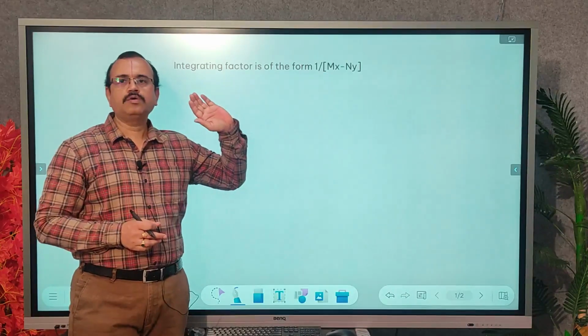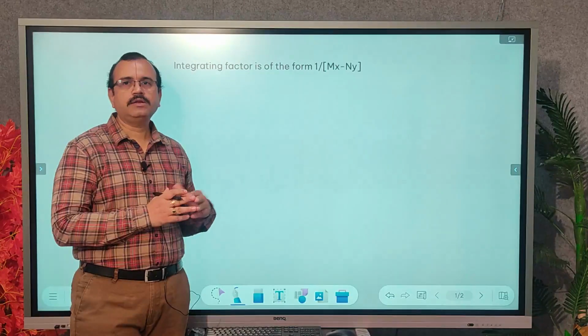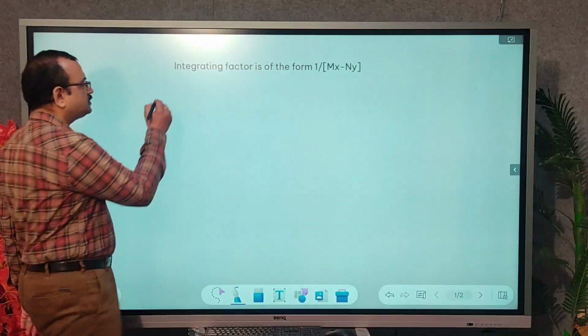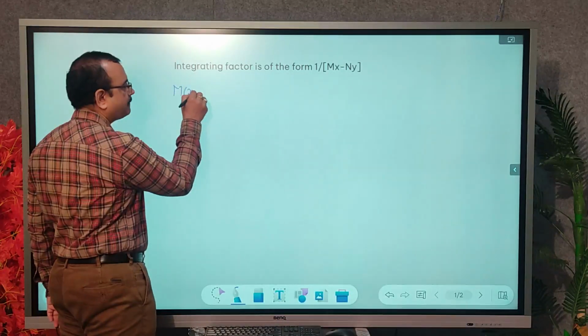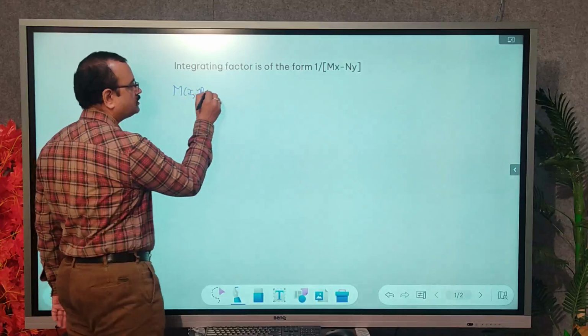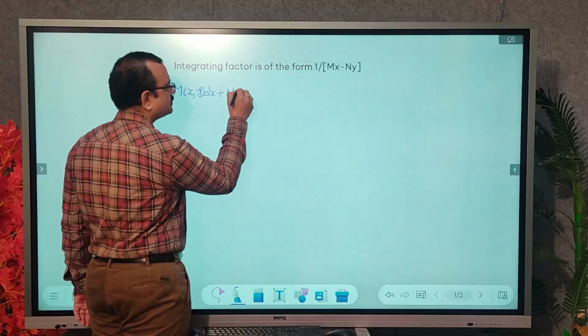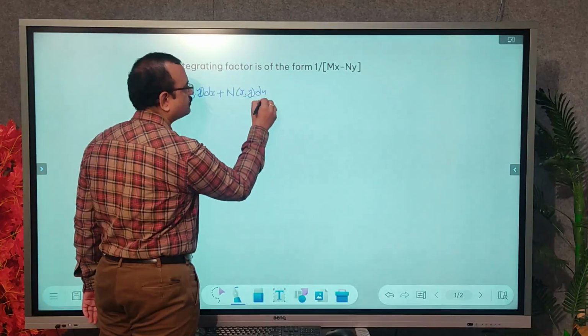So first of all, how to identify such types of differential equations, and then how to solve them. One by one we will see. Let us suppose the differential equation is of the usual standard form M dx plus N dy is equal to 0.